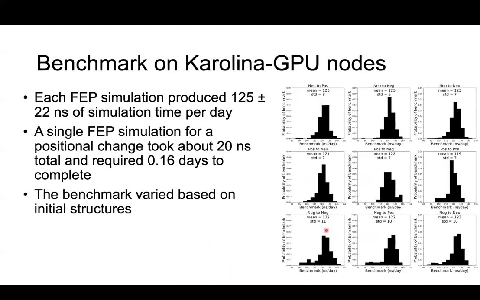So the first thing is actually to do the benchmark. We want to understand how much time we need to run our simulations, because for each system, for each initial structure, simulation time is different. Why? Because you have a different initial conformation. That conformation has a different number of contacts. So with a different number of contacts, you need different computational time.